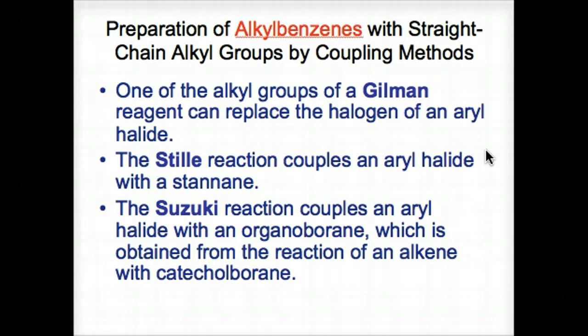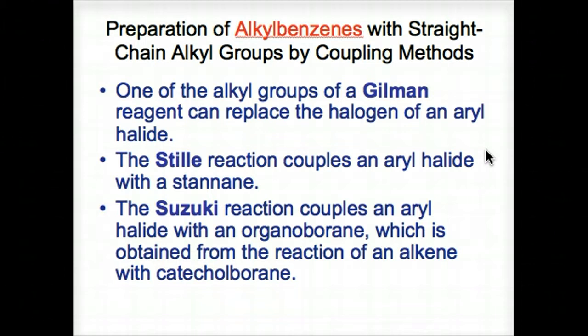As you can see on this slide, we're going to prepare alkyl benzenes with straight chain alkyl groups by coupling methods. So also the coupling reactions we saw earlier can be used to prepare alkyl benzenes with straight chain alkyl groups. So we're going to revisit the coupling reactions.